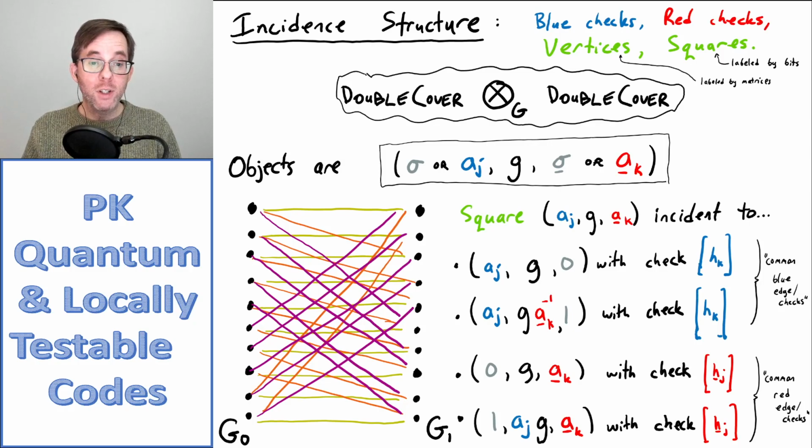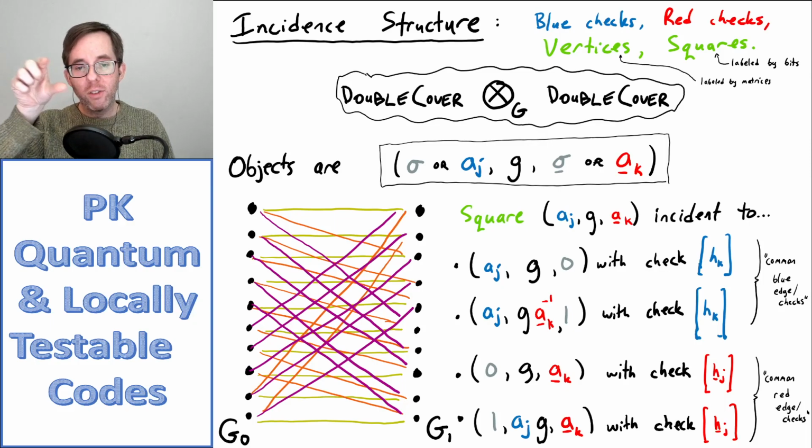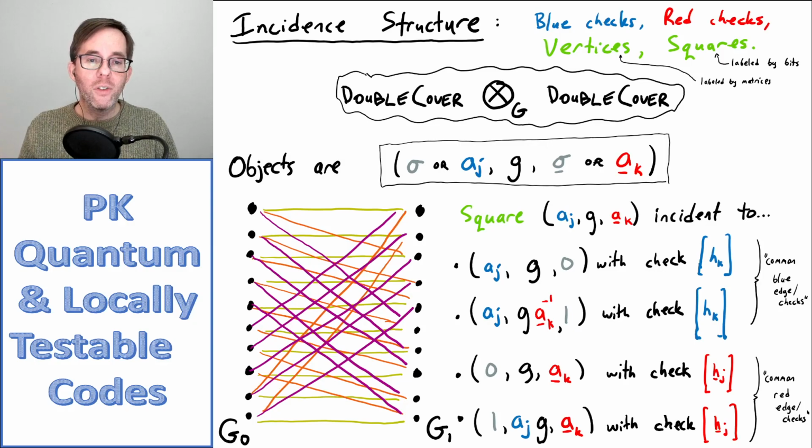For example, here we also have to write the vectors that we're decorating our edge incidences with. Since here we're shifting around AK, we decorate these edges with HK. When we go from this square to these edges at the bottom, since we're changing around AJ, we decorate those edges with H underline J.